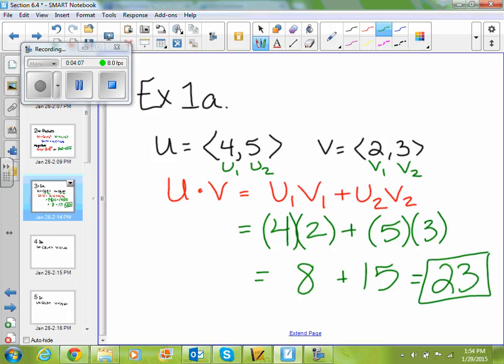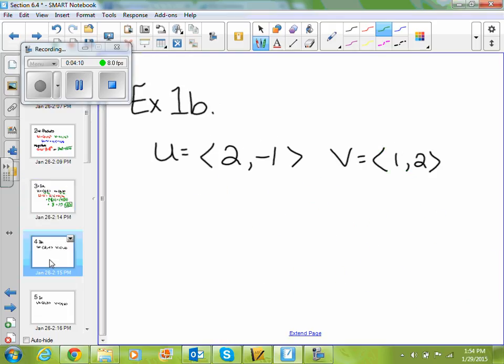Makes sense? Okay. If I look at 1b, I'm going to do the same thing. So u is equal to 2, negative 1. v is equal to 1, 2.